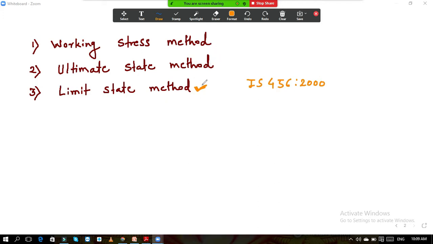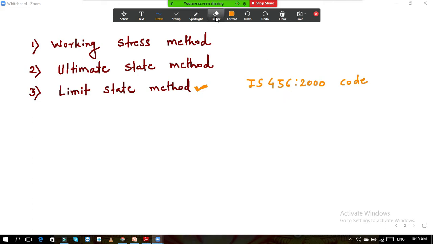So nowadays all the structures, whatever you are going to see, slab, beam, column, footing, pile foundation, retaining wall, all those things are designed using the limit state method. And IS 456 is the code for designing the structures. We will use the clauses in this code while designing the structures.